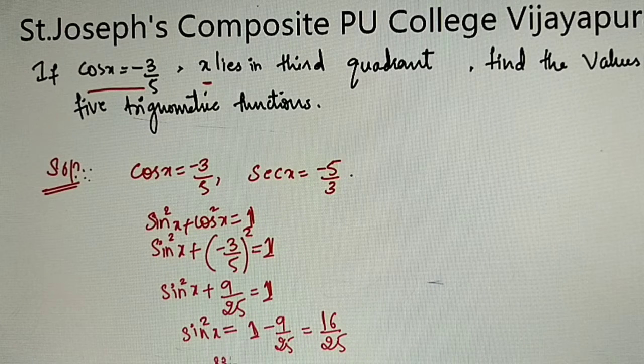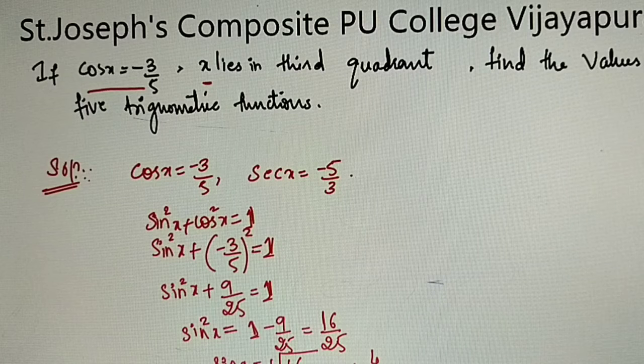So sin x is equal to plus or minus root of 16 by 25, which is equal to plus or minus 4 by 5, because root 16 is 4 and root 25 is 5. So here we have sin x as two values, one is plus 4 by 5 and one more is minus 4 by 5. And which sign do we have to take?